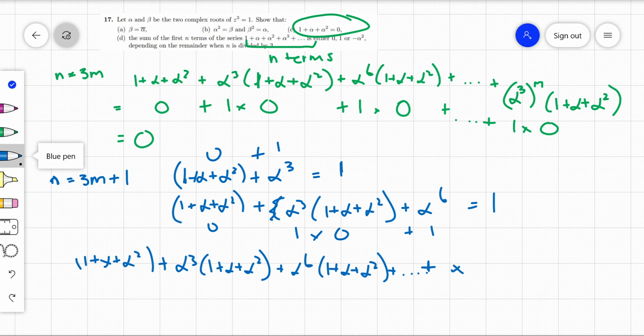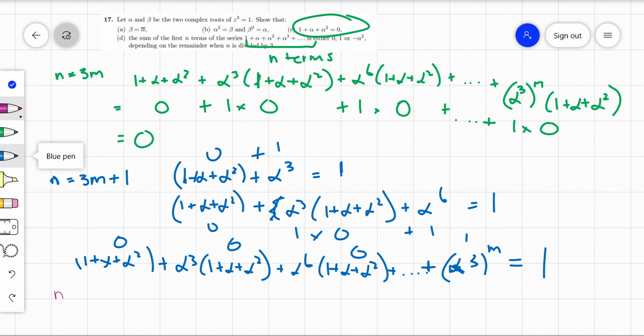So the last term is going to be some alpha cubed to the power of m. And you can see we're going to get 0, 1 times 0, 1 times 0, all the way up to 1 to the m, which is 1. All right, so if there's a remainder of 1, we're always going to get a 1 when we add those terms. All right, so let's look at a remainder of 2 now.